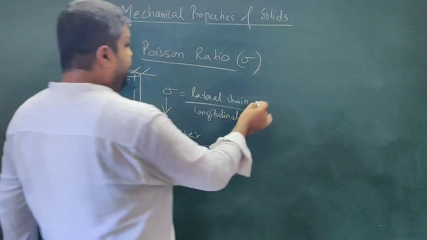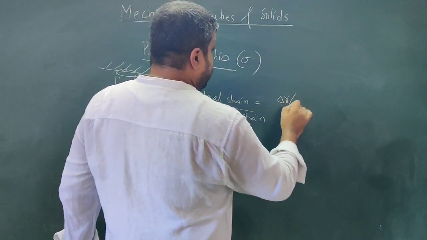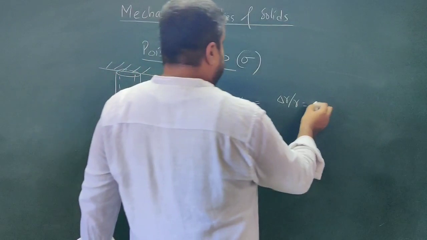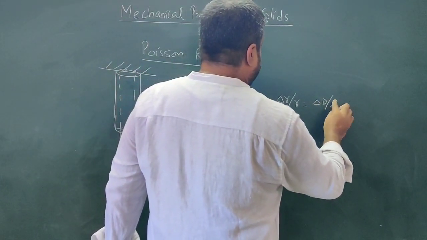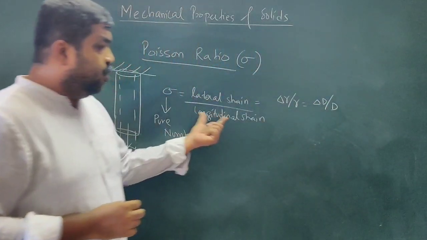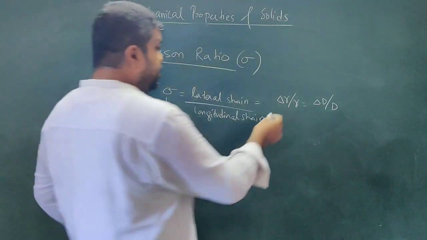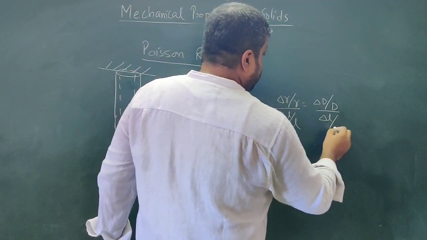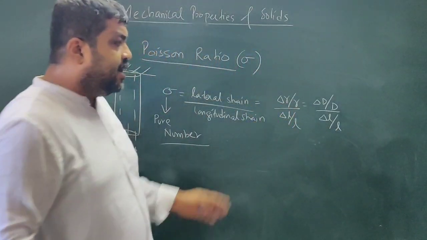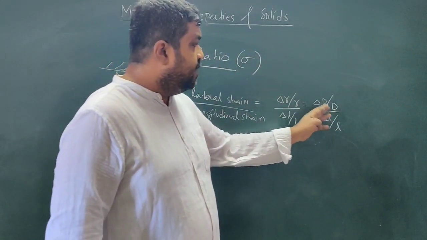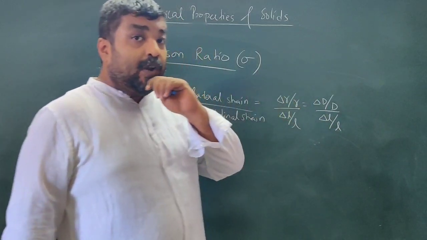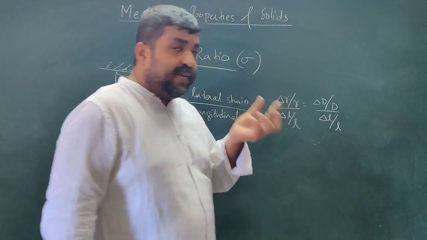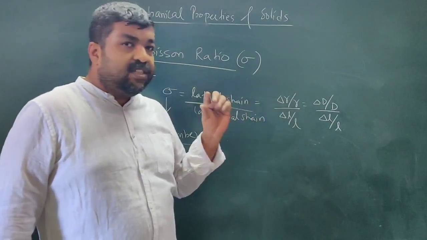Lateral strain is delta r by r, change in radius by original radius, or you can write it as change in diameter to original diameter. Longitudinal strain is change in length by original length, so this is delta L by L. So you can write delta R by R divided by delta L by L, or delta D by D divided by delta L by L. The only thing is regarding the sign. Delta means change, so delta L represents change in length.